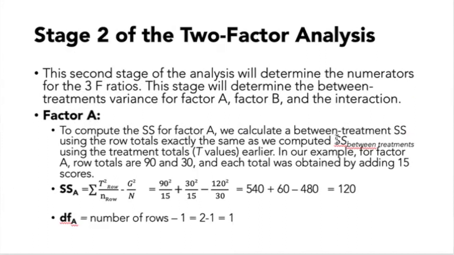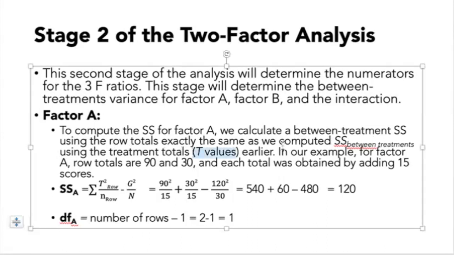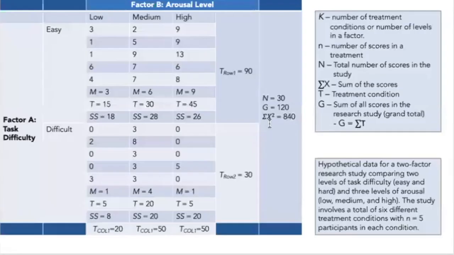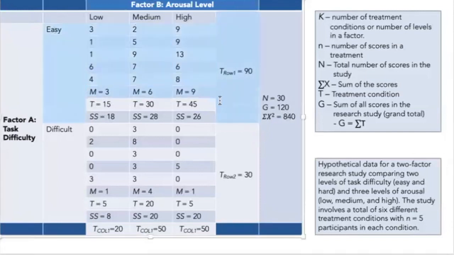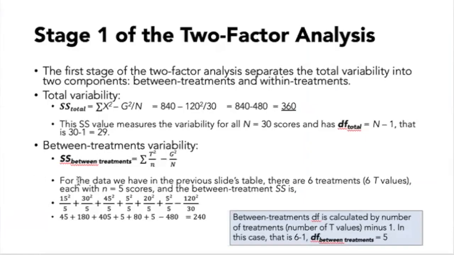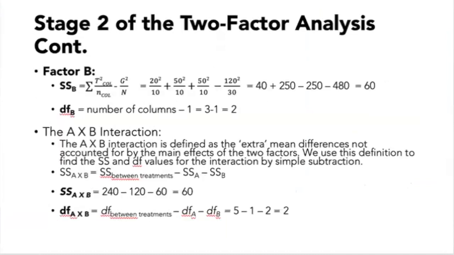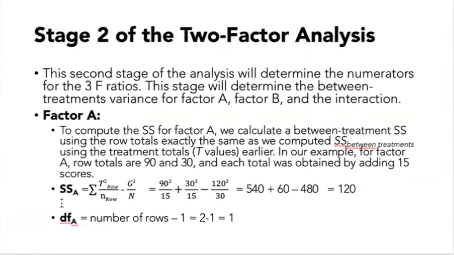Exactly the same as we computed sum of squares between treatments using the treatment total t values earlier. Now, here we have two row totals, 90 and 30, because we are going to find the main effect of factor A. So for that, this is how we are going to do it.